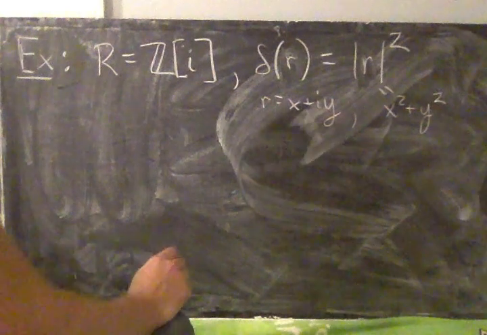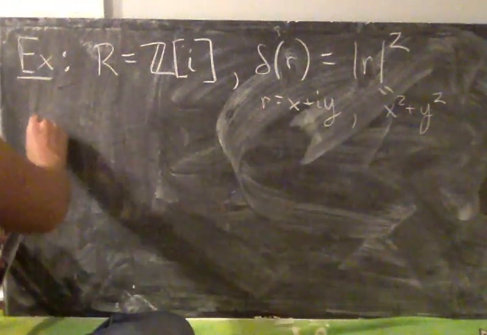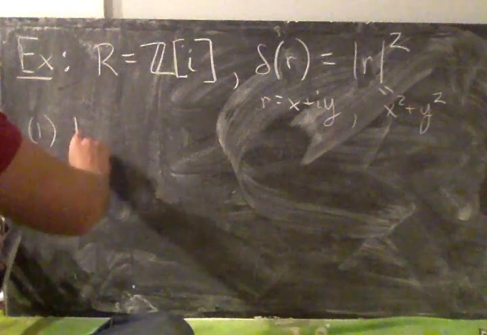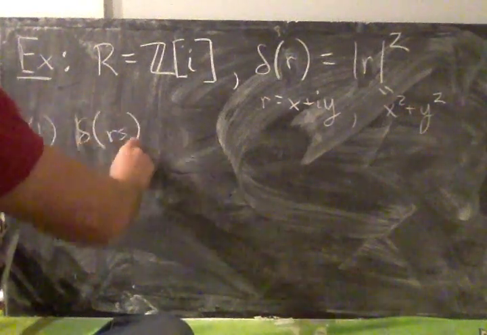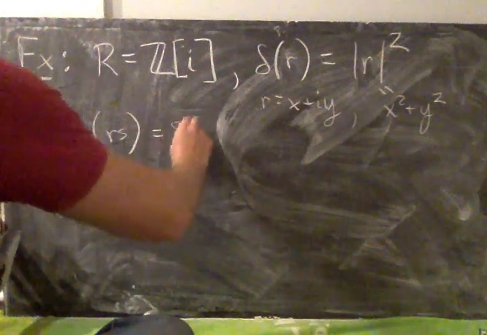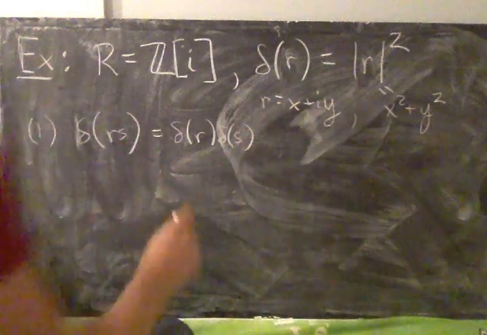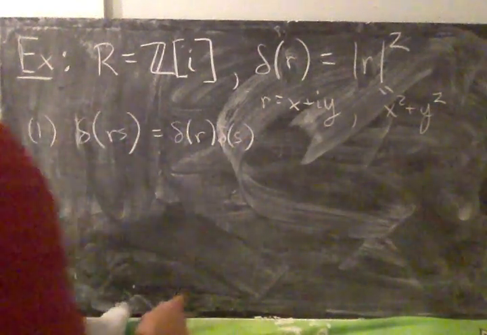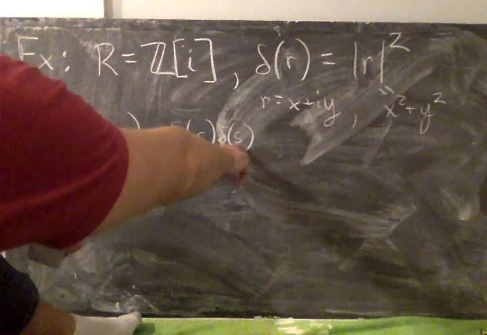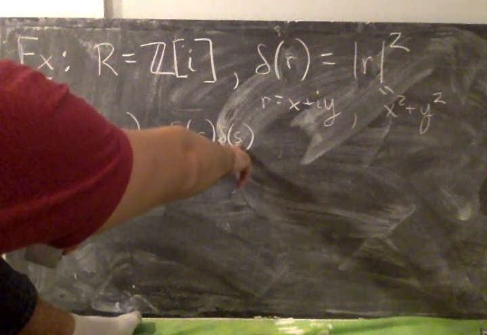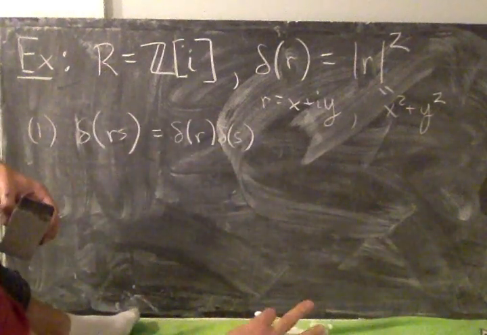Just to remind you, two things. I already said previously that this delta of a product is the product of the deltas. Right, so this is delta of R, delta of S, and if S is a Gaussian integer, you have the sum of squares of two integers, and if S is non-zero, those can't both be zero.